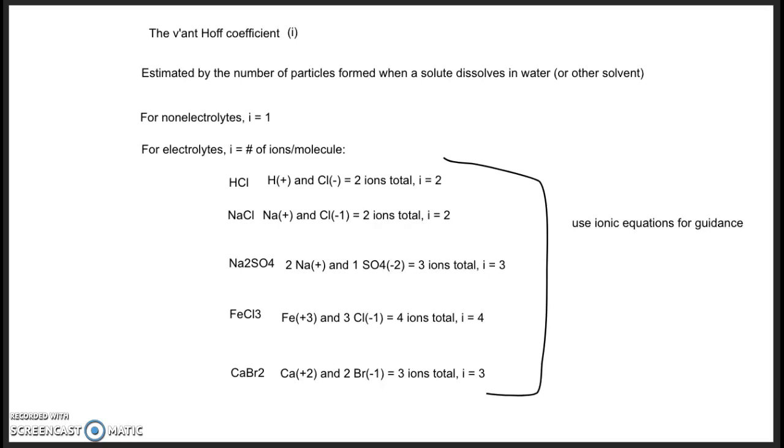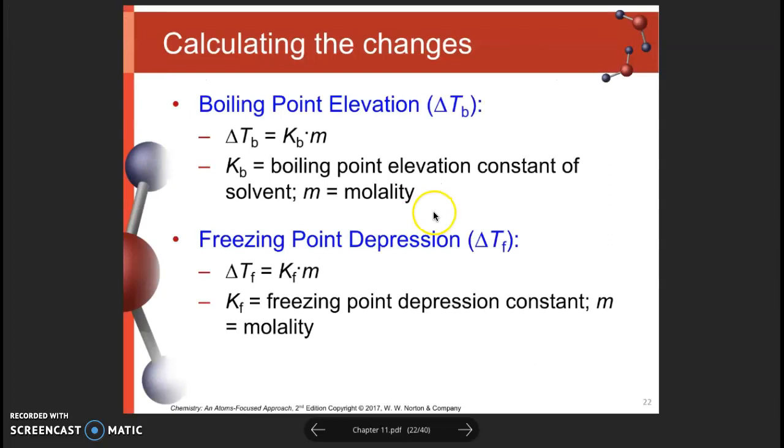So it's not just simply delta T is equal to Kb times m. We can actually modify this. Let's change that.